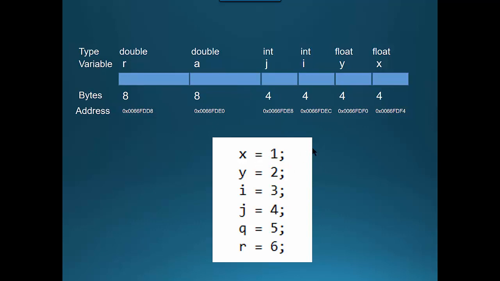So when we say 1 is assigned into X, that means that 1 is being placed into that memory location. The way you should think of your variables is the identifier is a representation of a place in memory, and we're placing a number in that place in memory. Same thing here. 3 is going into I, 4 is going into J, 5 is going into, I guess that should have been Q.